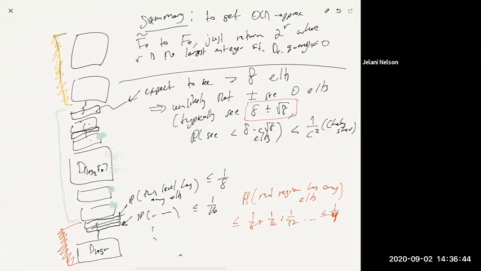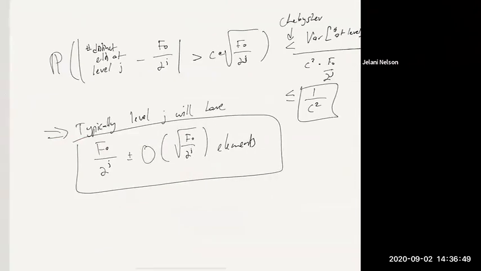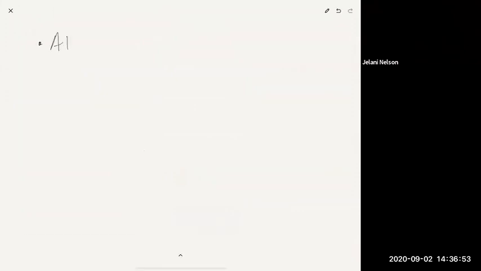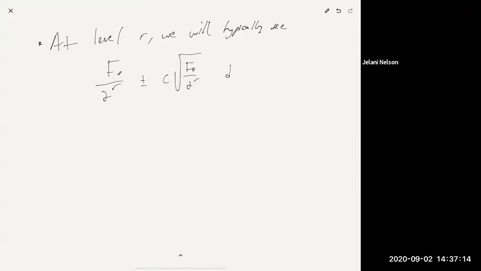So the answer basically goes back to this. Remember now, at level R, we will typically see F0 over 2 to the R, let's say plus or minus some constant times square root of F0 over 2 to the R, distinct elements.